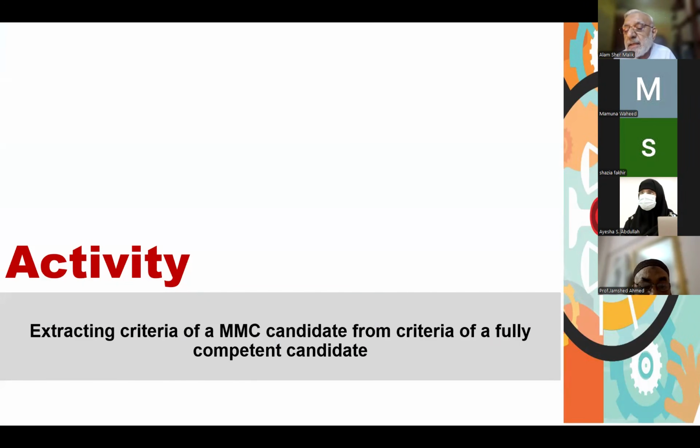Okay, any questions so far? I think we have covered quite a bit of it. And the two, as I said, most important areas, minimally competent candidate and the SMEs, because understanding of these two areas is very, very crucial for the proper implementation of the standard setting process.